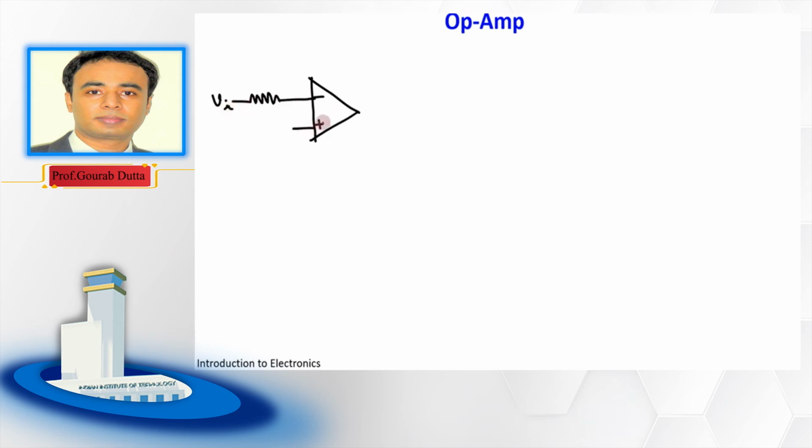The non-inverting terminal for this op amp is grounded, and this is the output, V out. Here we are not showing explicitly the supply voltages.